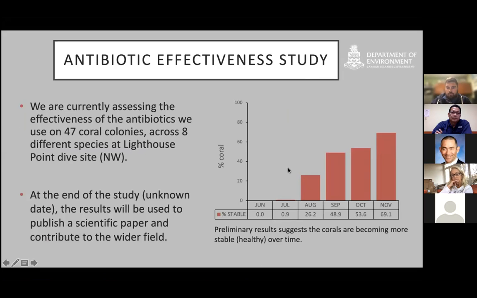So we're basically performing an experiment ourselves just to assess the effectiveness of the treatments. In this graph, what you're seeing is that in June we started tagging each of the diseased corals.